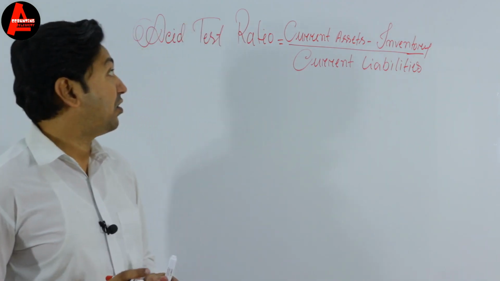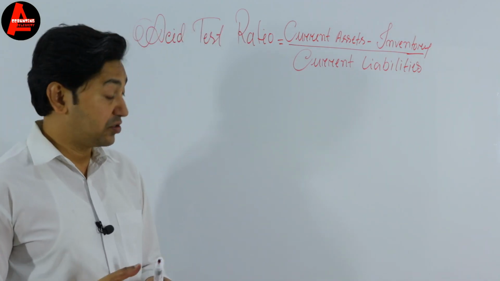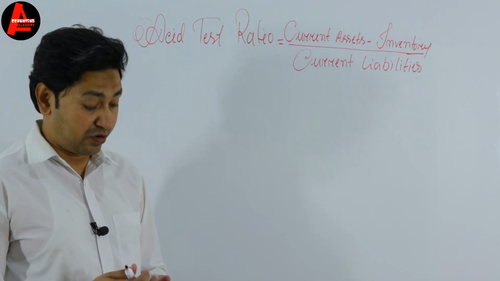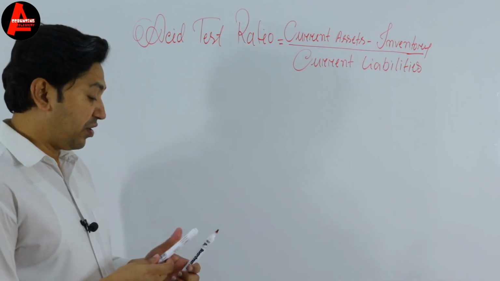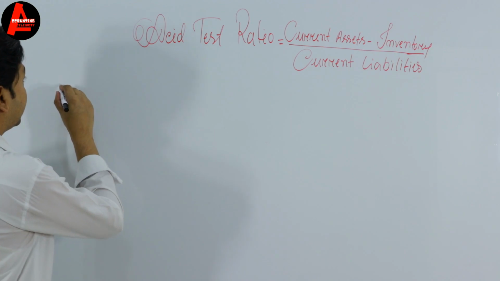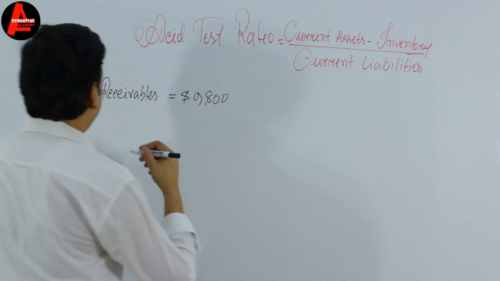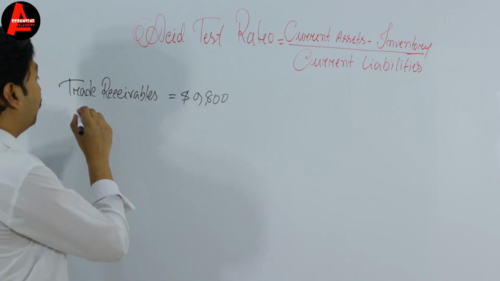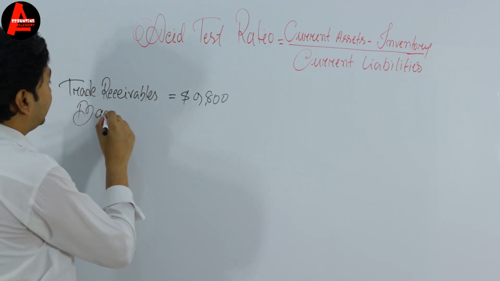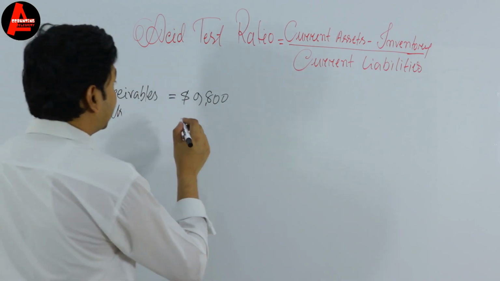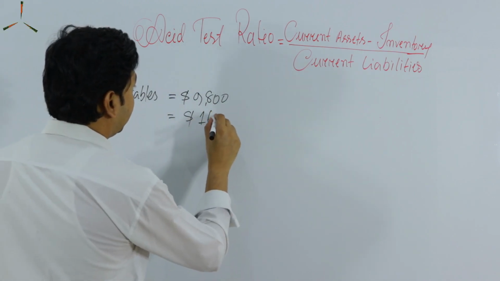So here on the question we have current assets. We will check first of all what are our current assets. So let us start here. Trade receivables, $9,800. Okay, this is on the question. We have here bank balance. It is $162.